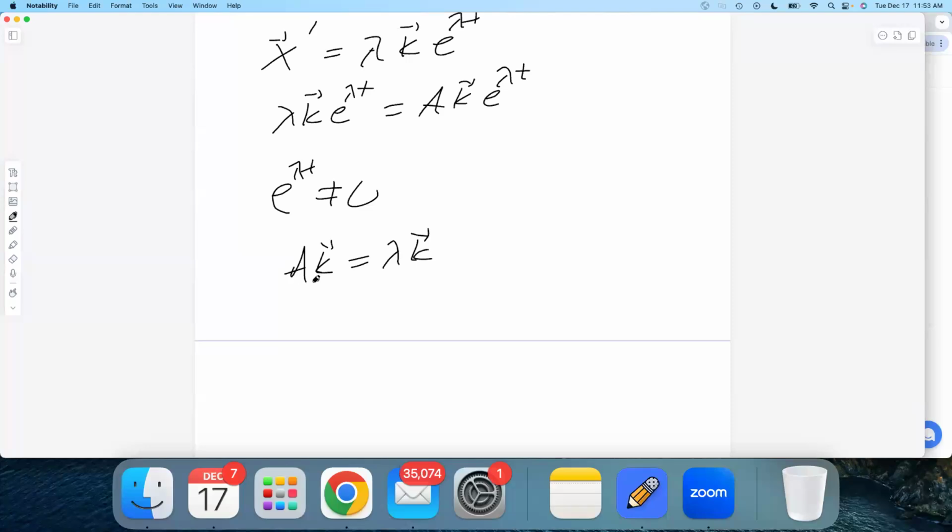This equation is saying I've got some matrix A and I'm going to multiply it by a vector, and I don't want you to rotate that vector. I want you to give me some multiple of that vector. I want you to still spit out the same vector, but just change its length. That's what this equation is saying.